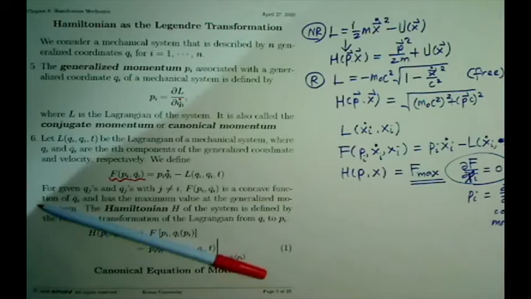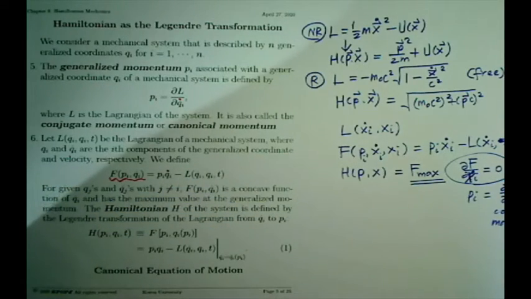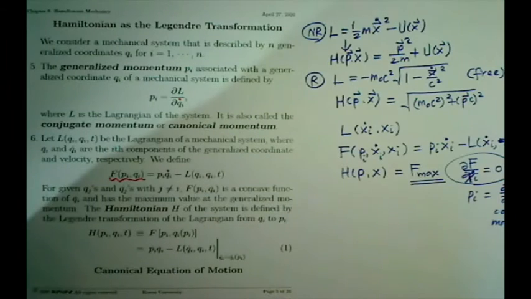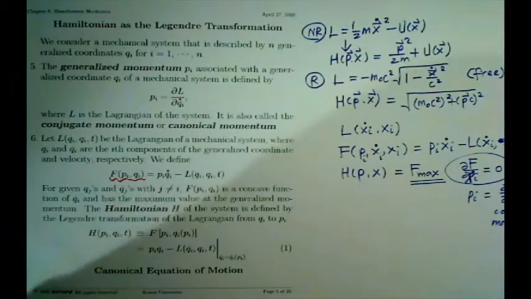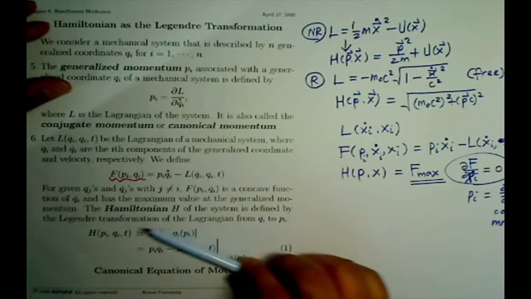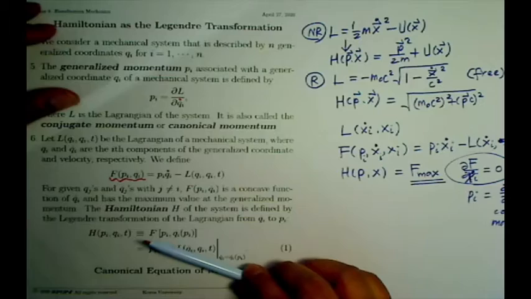The value of qi dot at which this f is maximized can be obtained by taking the partial derivative of this f function with respect to qi dot, and from which we can find the relation for replacement of qi dot with momentum. Based on that, we can obtain the Hamiltonian in the generalized coordinate system.